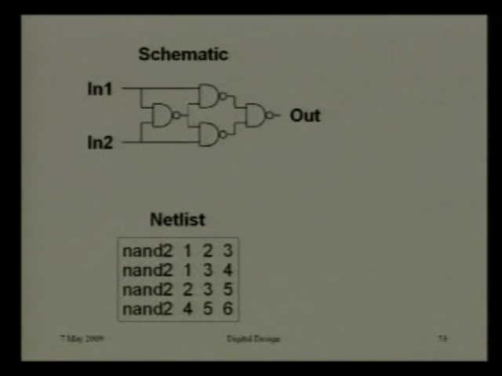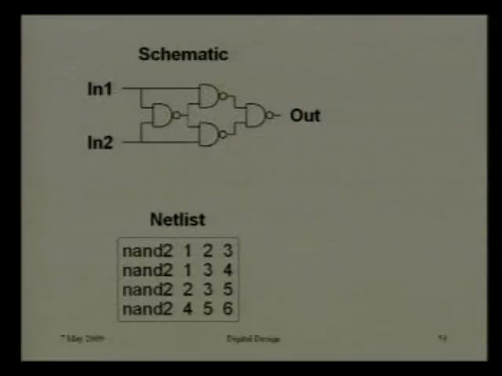So netlist, I have just given some options, so that you can see this type of file. So these are the schematic, and netlists are, say this is a 2-input NAND gate, and normally these are 1, 2, 3, one is the output. So that means every output and input, all the lines have some marking, and accordingly you specify that these are 2-input NAND gates, then two are inputs and one is the output.